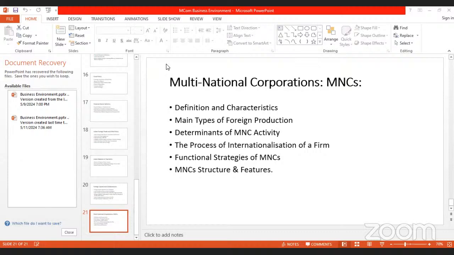Next thing is determinants of MNC activity. What are the determinants of MNC activity? These are market size and growth, resource availability, cost factors, political and economic stability, regulatory environment, technological and infrastructure development, and strategic location. So these are the determinants of MNC activity.